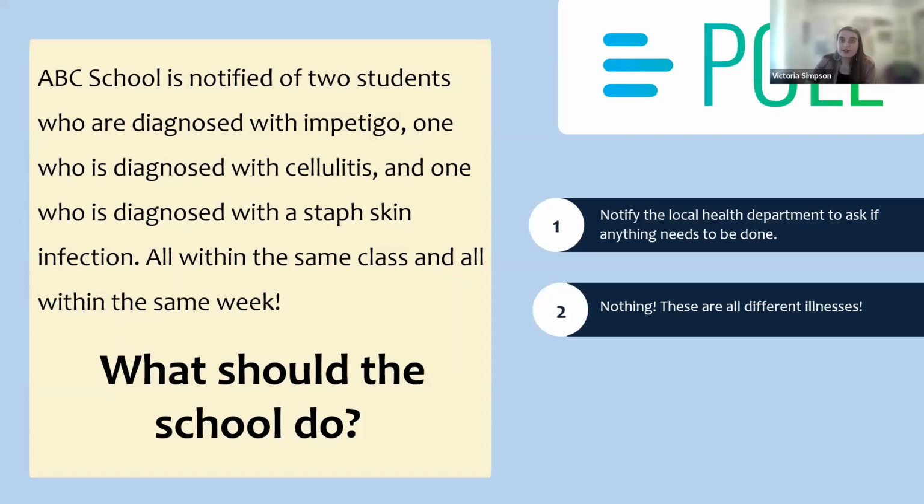And we know from earlier in this presentation that the staph bacteria can lead to a staph skin infection diagnosis. And we know that impetigo can be caused by staph bacteria as well. So the same underlying pathogen could be causing an outbreak in this school. So whenever you're unsure and you just see an increase in illness, be sure to reach out to your local health department to discuss.